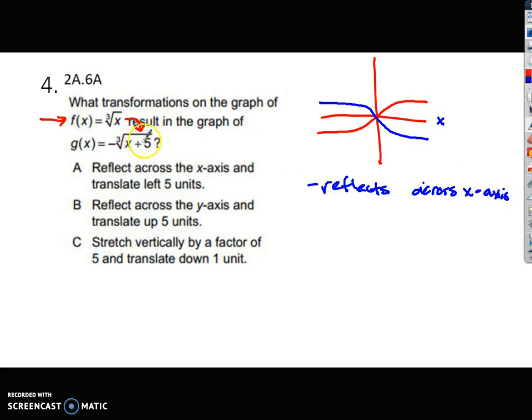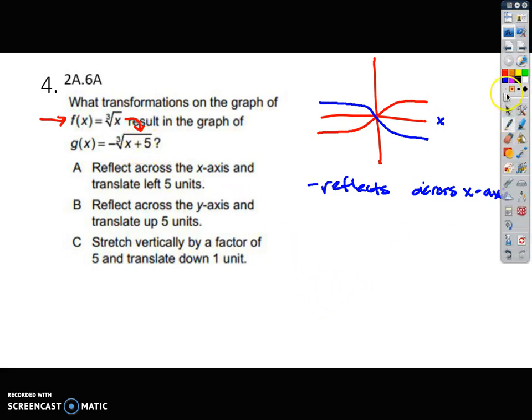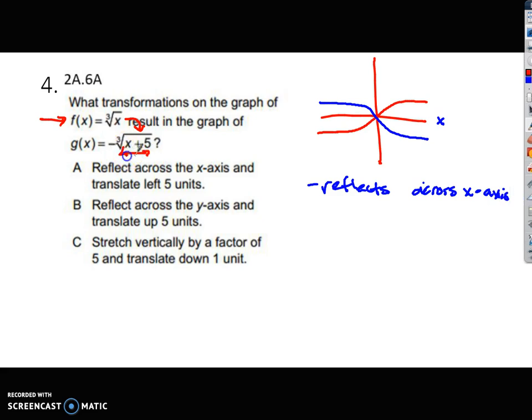What else does it do? The plus 5. The plus 5 is inside the radicand, so it's affecting the x. If we remember our transformation notation, if the plus 5 was out here, this would move it up and down. So this plus 5 moves it up, negative 5 moves it down.